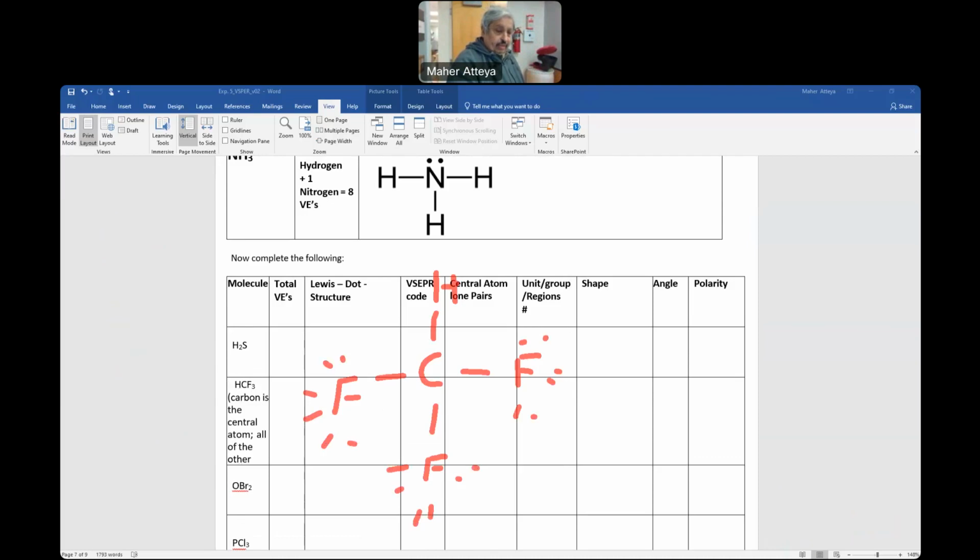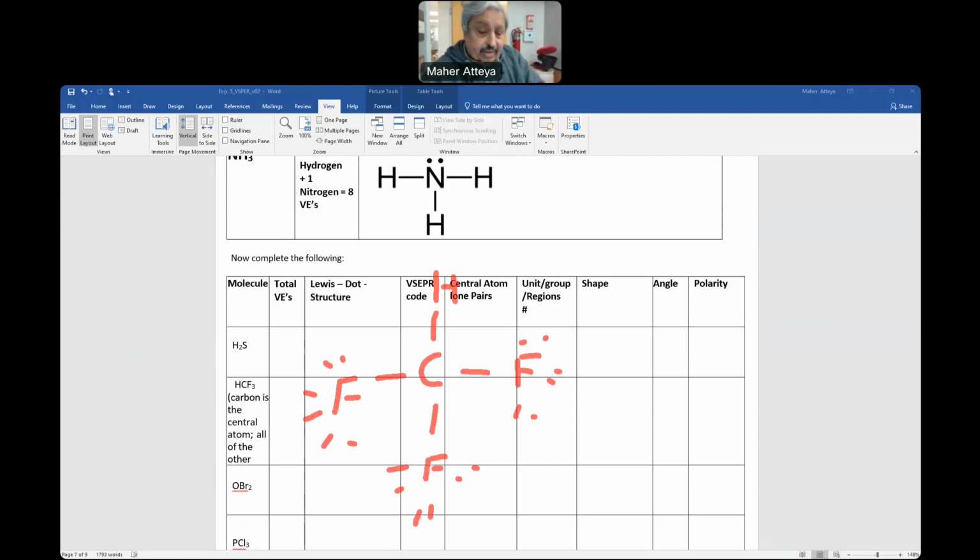So this is the Lewis dot structure. You can Google that. You don't have to draw it. You can Google it, you'll find it there, and you just snip it with the snipping tool, put it inside there, and minimize the size of it, because when you go to the website, you'll see a large image. So you can squeeze it and minimize it there.